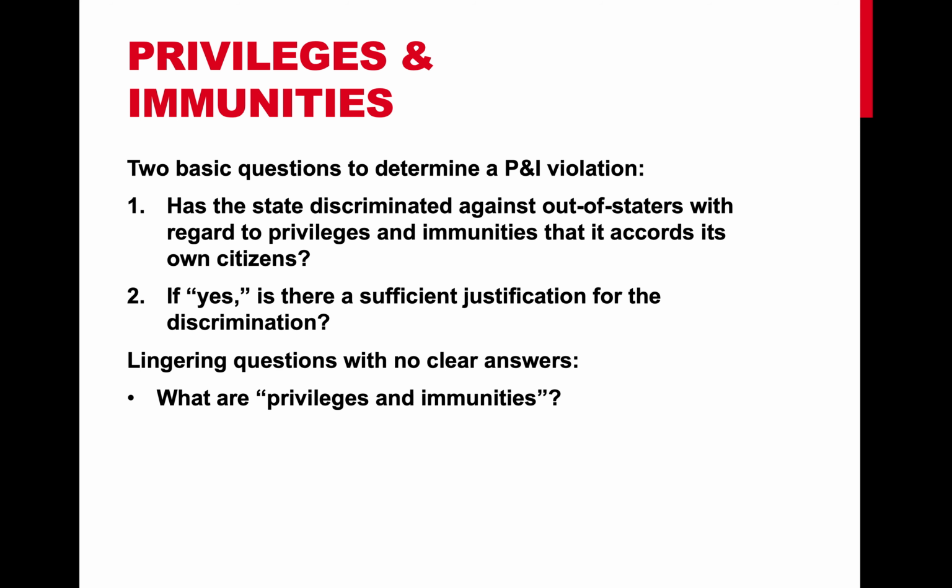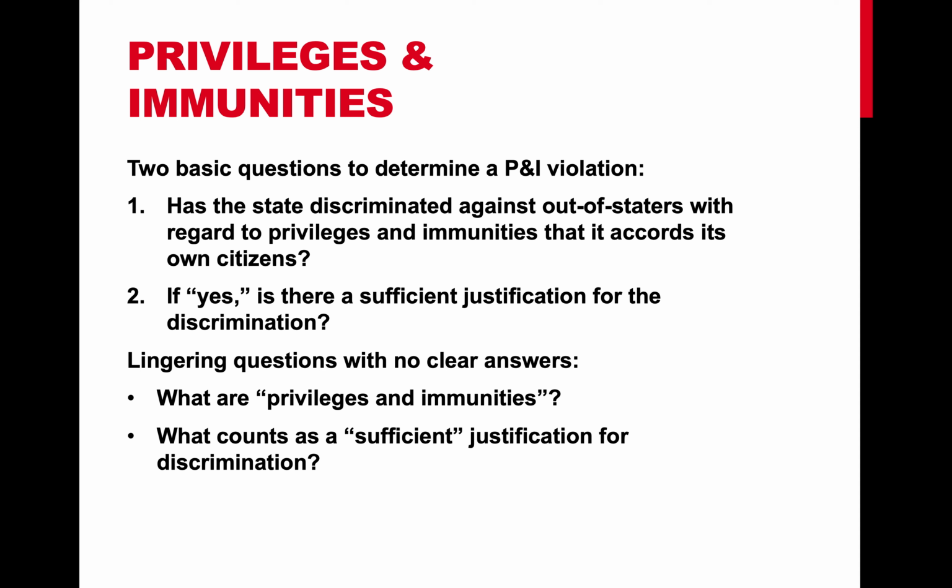And then second, what exactly counts as a sufficient justification for the discrimination? So let's see if the cases give us any clues as to those two questions about what exactly constitutes a privilege and immunity, and if the state is caught discriminating, what counts as a sufficient justification.